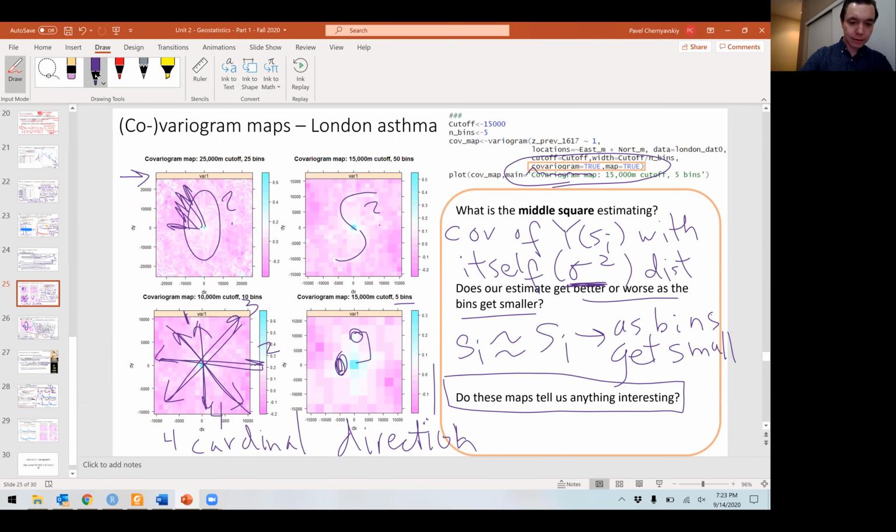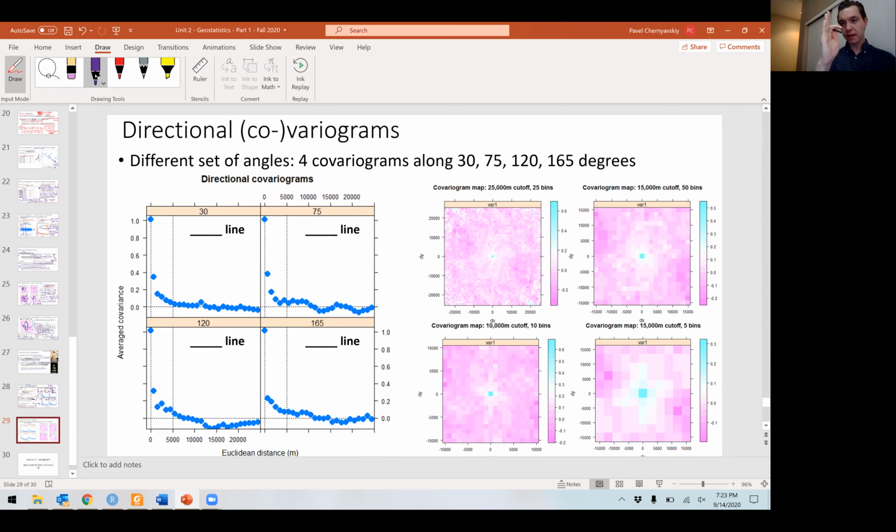All right, so now we practice, right? North is 0, rotation is clockwise. North is 0 degrees, rotation is clockwise. That means that 30 degrees is basically the northeast-southwest line. 75 degrees, right?